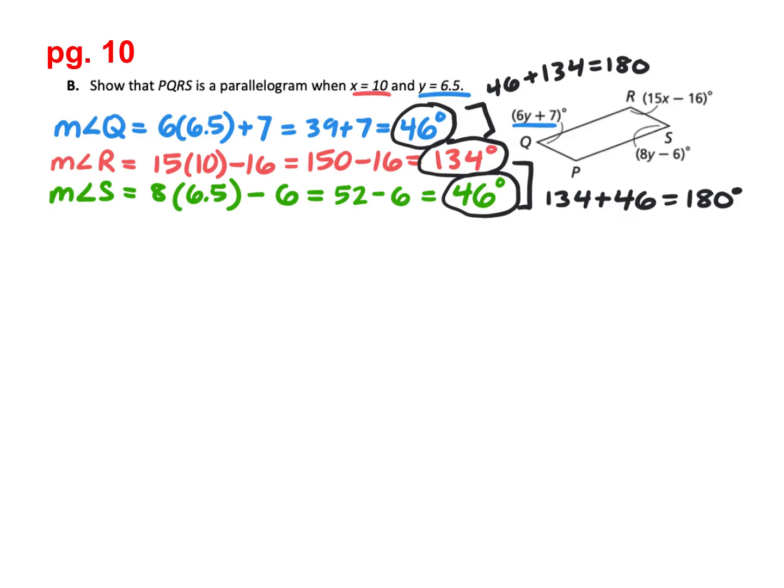So if you go back to your theorem list, we have if an angle is supplementary to both of its consecutive angles, then the quadrilateral is a parallelogram.